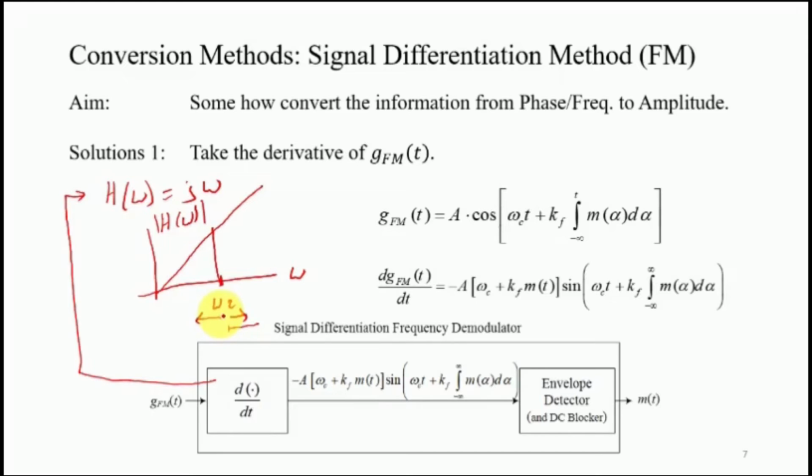So the amount by which the instantaneous frequency would shift from omega c would be directly proportional to the message signal m of t. We have the differentiator that is used for a slope detection. You're basically detecting a slope.